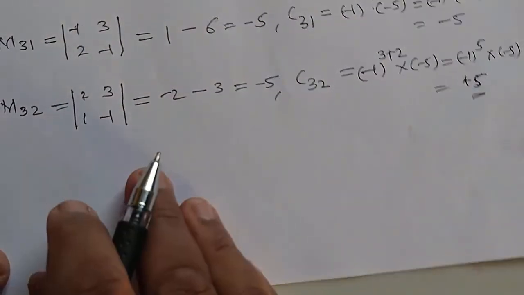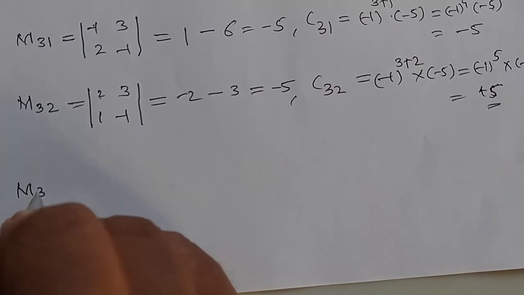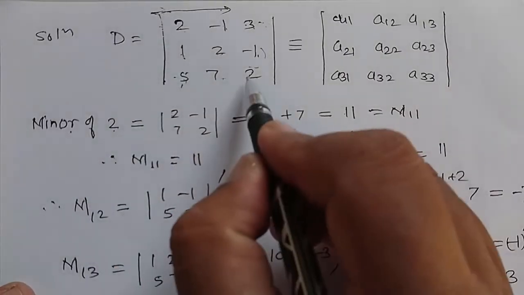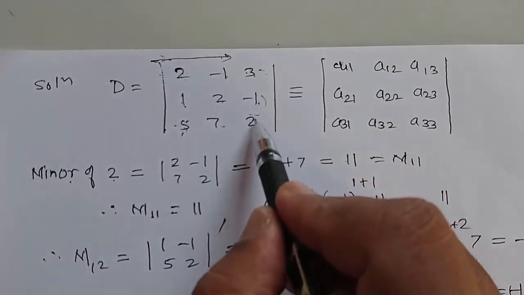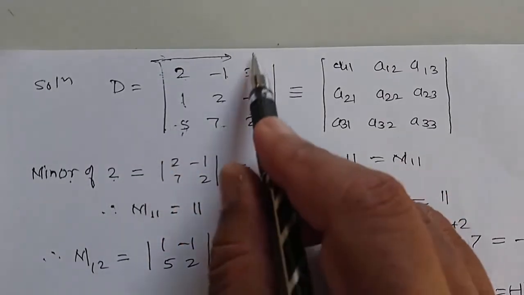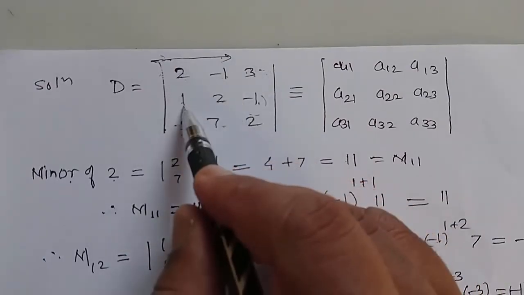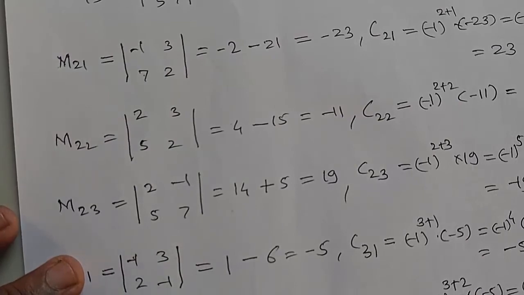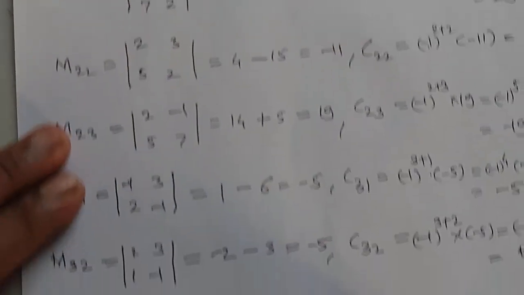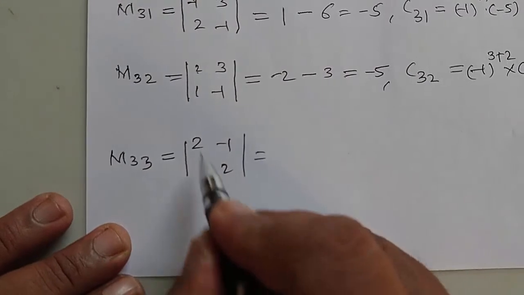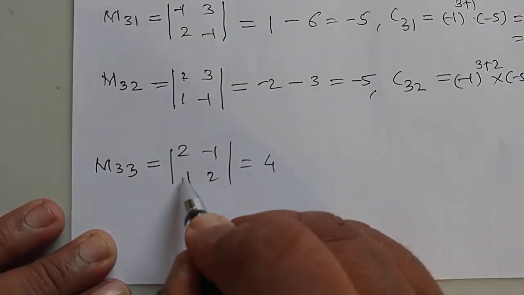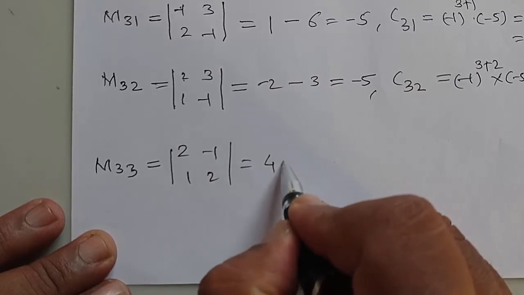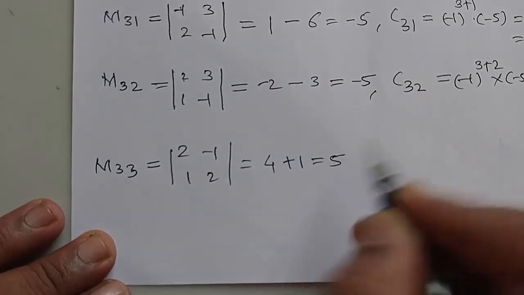Now, last element M33 at third row third column, it is element 2. So, deleting this row and this column, we get 2 minus 1 1 2, determinant 2 minus 1 1 2, it is equal to 2 into 2, 4, minus 1 into minus 1, middle sign is minus become plus 1. So, it is 5.